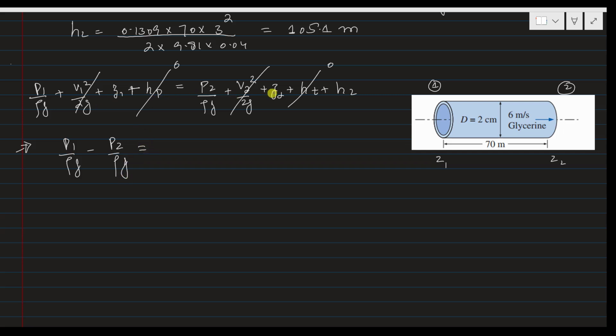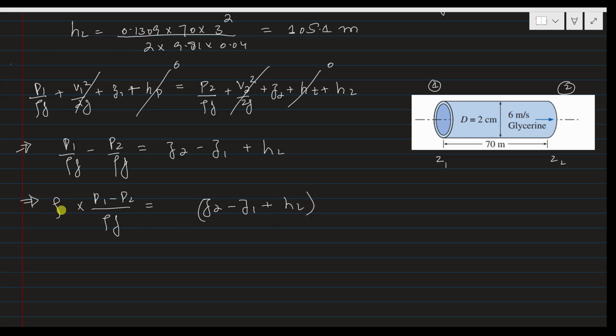Here you will get Z2 minus Z1, since Z1 will be shifted to that side, and then plus head loss. So P1 minus P2 divided by rho g is equal to Z2 minus Z1 plus head loss.